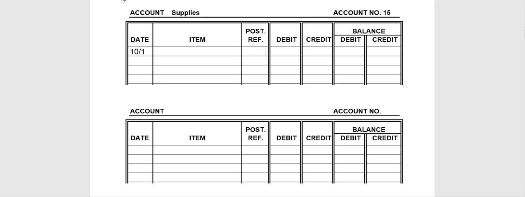So we'll go ahead and place that check mark in the post reference column. And because this is a beginning balance, we do not use these first 2 debit and credit columns. Those are to record when there's been a transaction that has affected that account. We're going to put it in our balance column. And again, they tell us that our balance in our supplies account is $770.